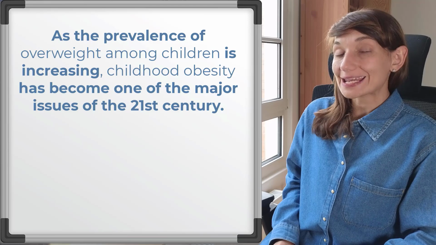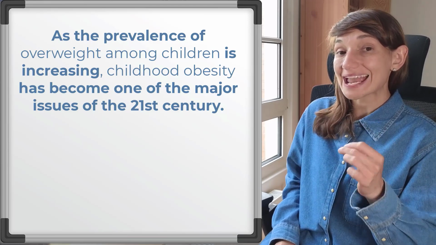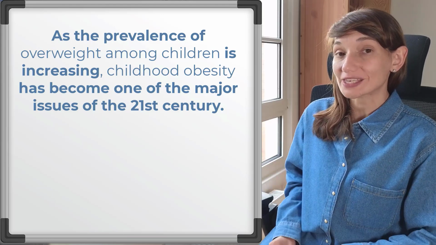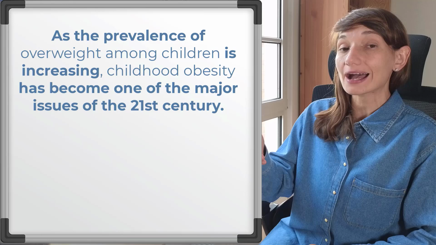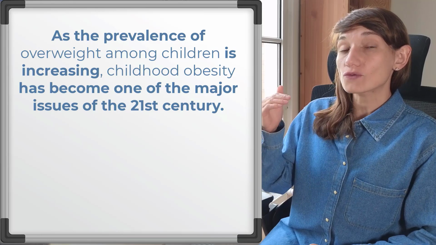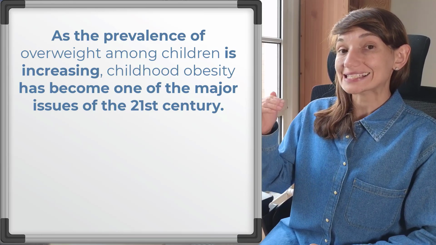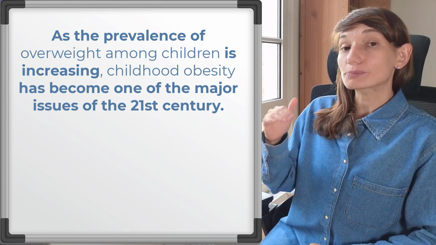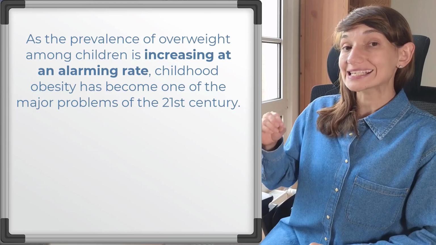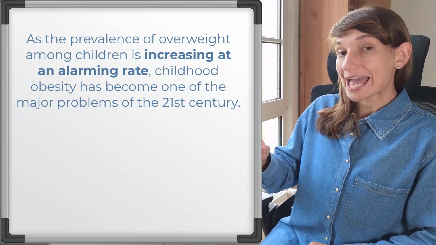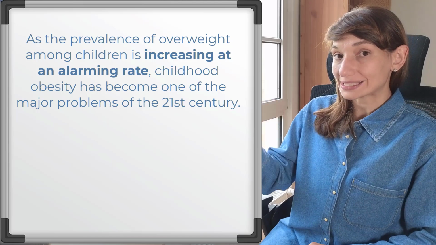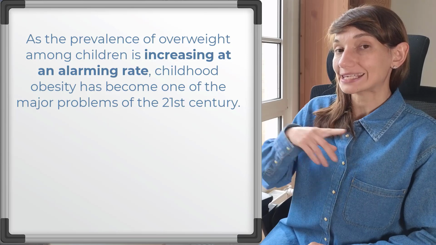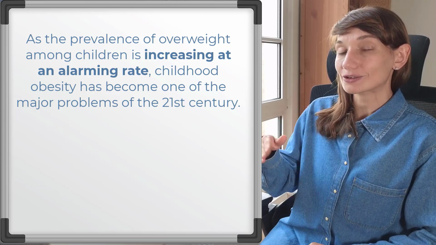If you are aiming at a higher band 8 or band 9, we need to make some changes to this sentence. So, for example, here I have the prevalence of overweight among children is increasing. First of all, I will modify this and I will say, as the prevalence of overweight among children is increasing at an alarming rate. So is increasing at an alarming rate instead of simply is increasing.